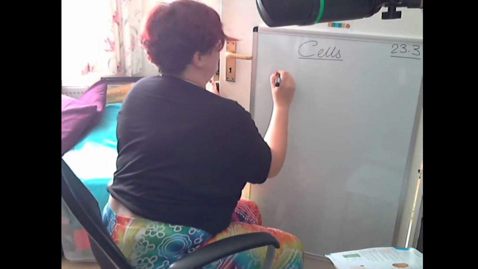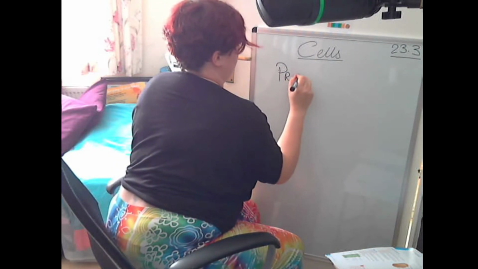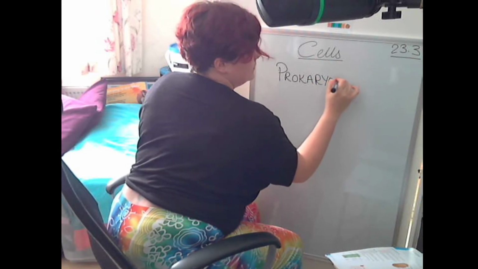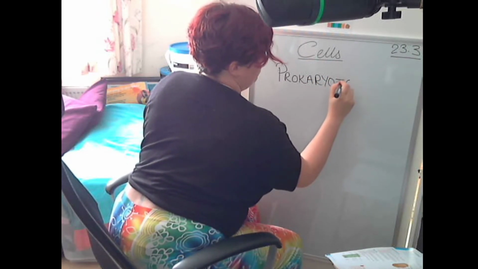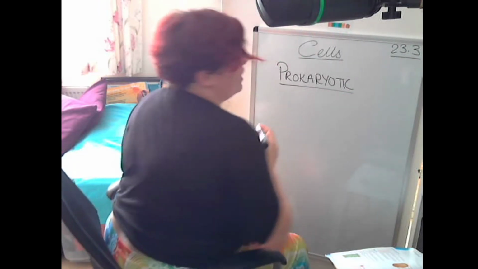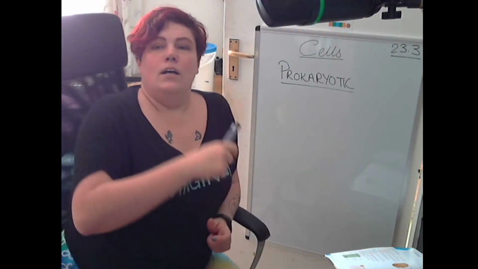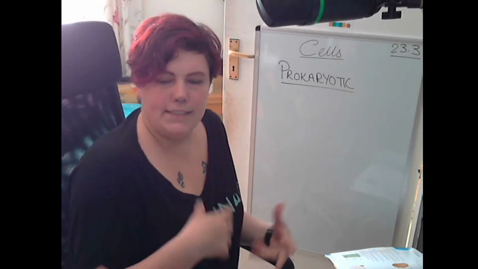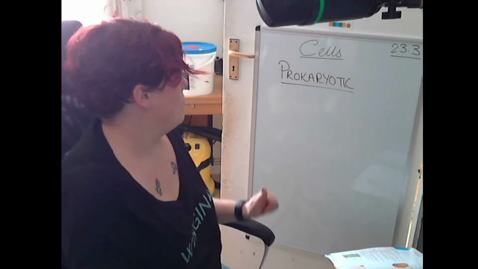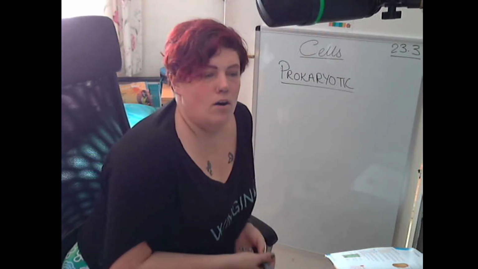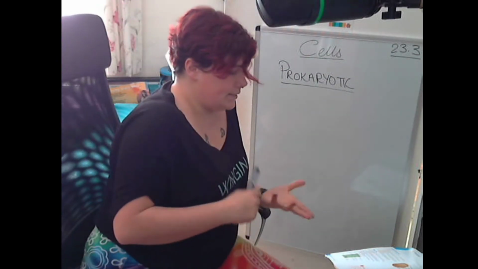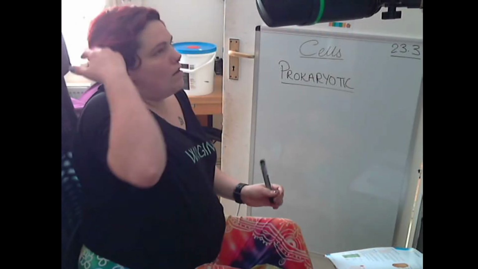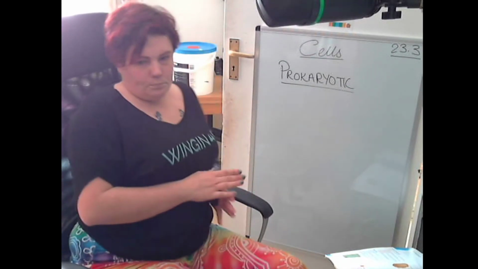So, we are going to look at prokaryotic cells. Whereas eukaryotic cells are plants, animals, things like that, prokaryotic cells are bacteria mainly. They tend to be single cells. And there are a few other differences.